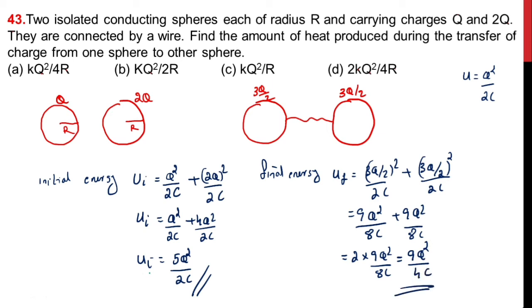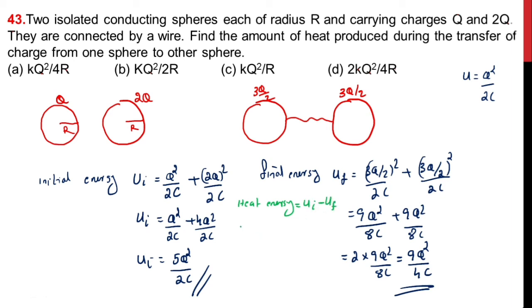Here you can look at this. The initial energy is 5q square divided by 2C, but the final energy is now reduced to 9q square divided by 4C. So there is an energy loss, and that energy is lost in the form of heat energy. So what is the heat energy produced here? The heat energy is equal to initial energy minus final energy.